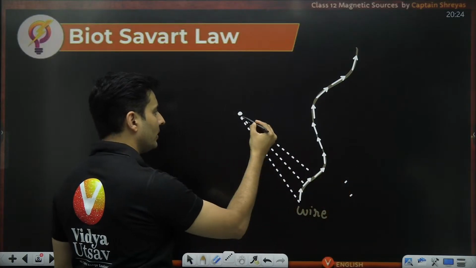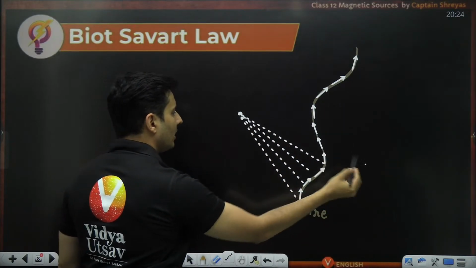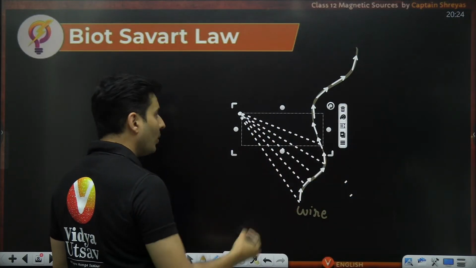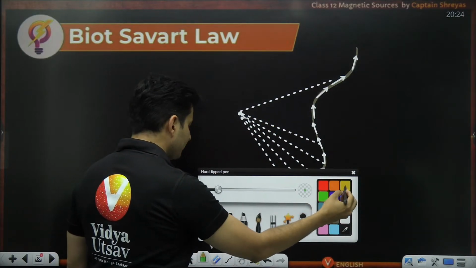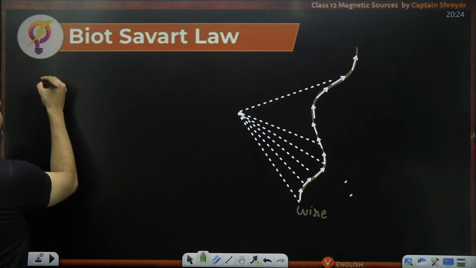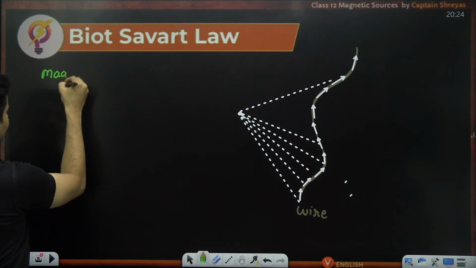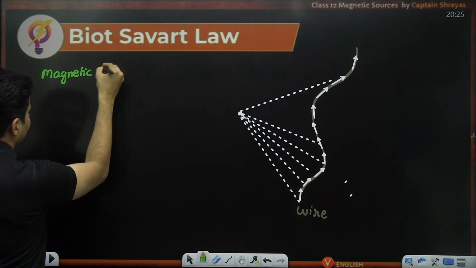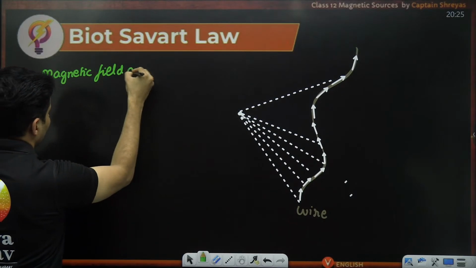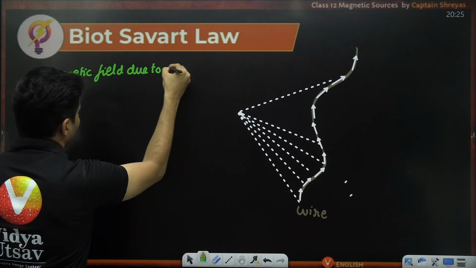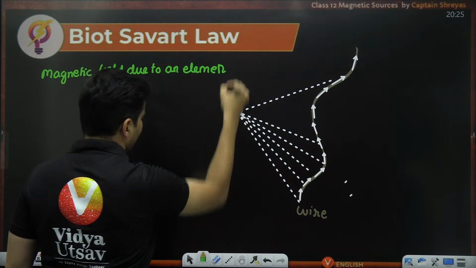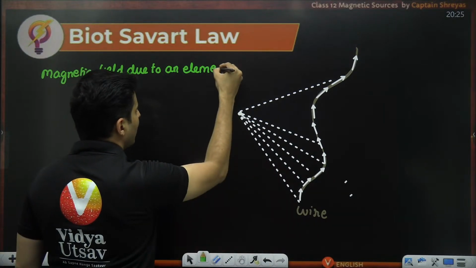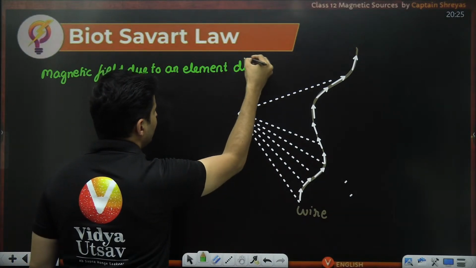Every element will give magnetic field at this point. So the magnetic field due to an element, I will call it dl bar.